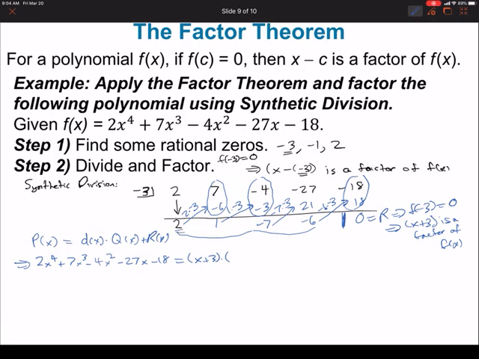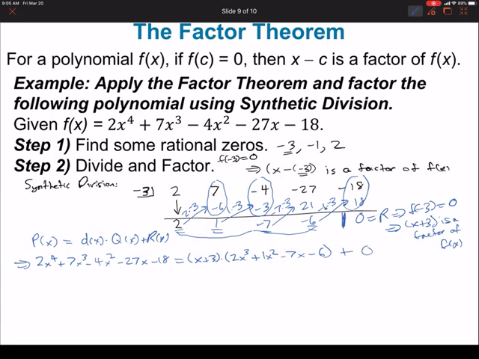These are the coefficients: 2x, and the power is always 1 degree less, so 2x cubed, plus 1x squared, minus 7x, minus 6, plus the remainder, which is 0.